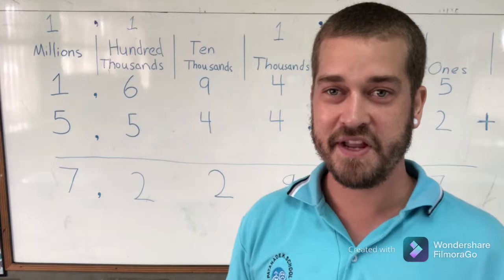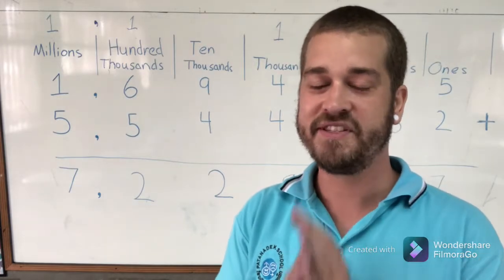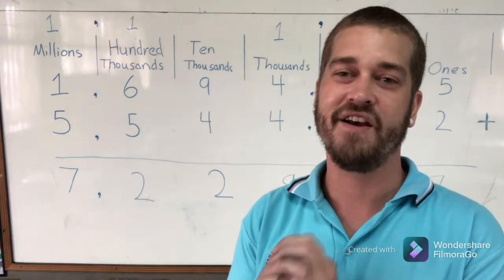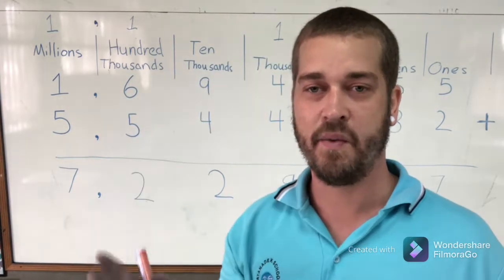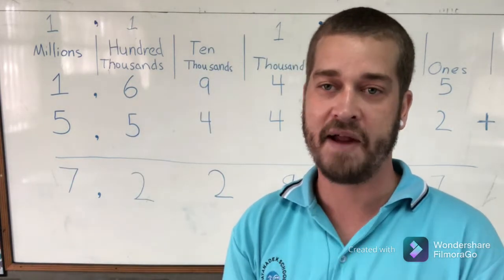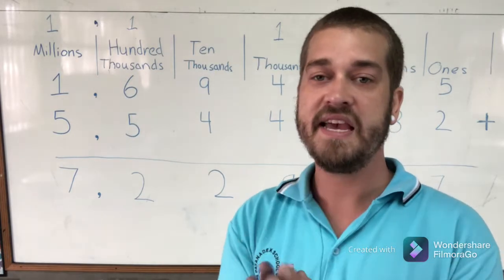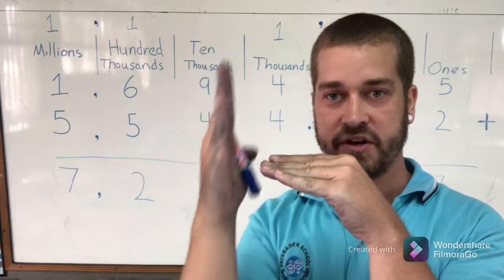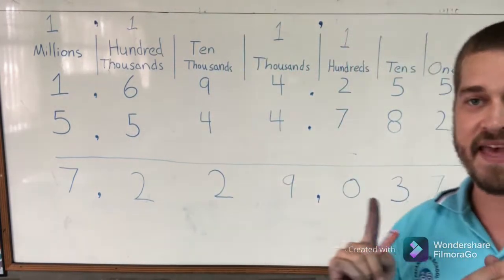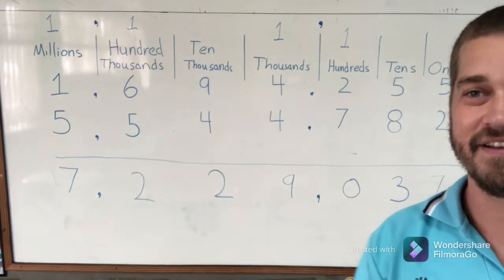You can try to do it in your head, but I promise you, you're not going to be that good at it. It's just not something that we have in our minds right away. It takes years and years of practice. So please, take each number, put one on top and one on the bottom, make sure they line up perfectly, and then do the problem. Let's take a look.